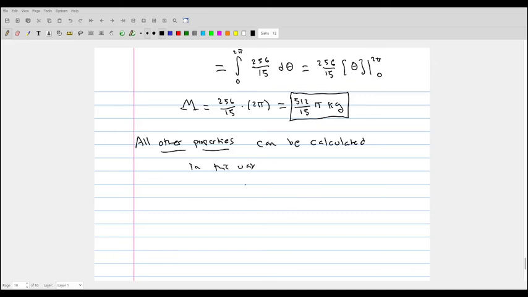So that's the center of mass, and the moment of inertia, as well as many other physical properties that can be calculated using the previous formulas. You just need to set up the integrals that you need to evaluate, choose your coordinate system, and then go through and evaluate the integrals.